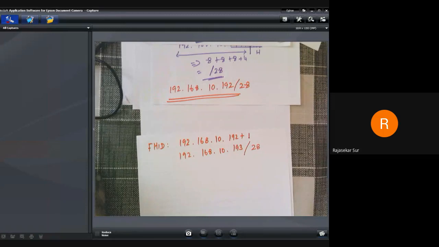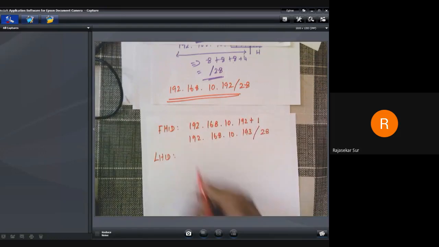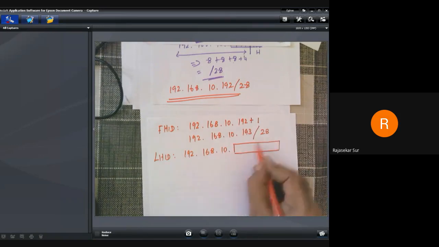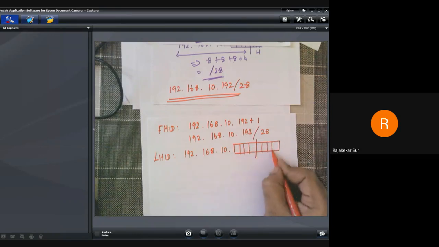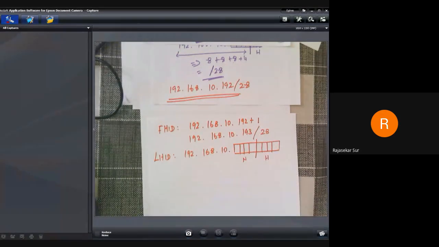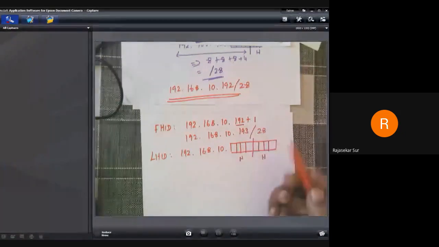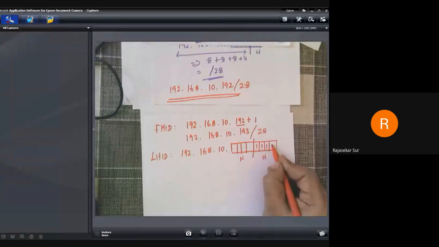Then, what is the last host IP address? Last host ID. You can say 192.168.10. We have 8 bits, but only 4 bits in the host: 1, 2, 3, 4. So this is the host and this is the network. Already we have 192. No problem. So what is the last host? 1, 1, 1, 0. This is the last host.